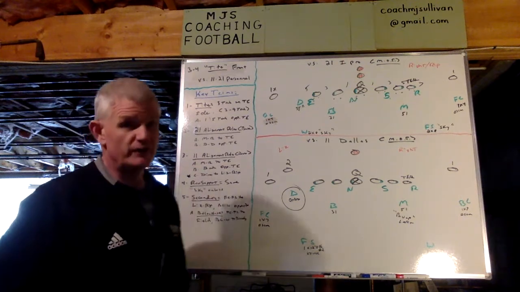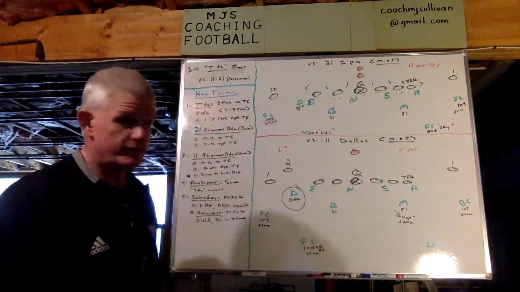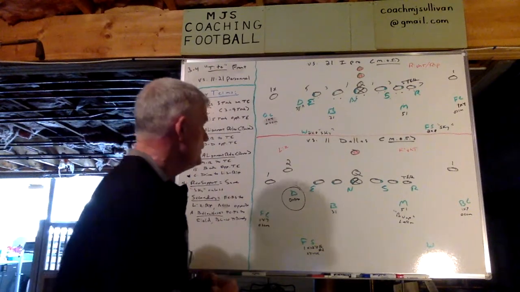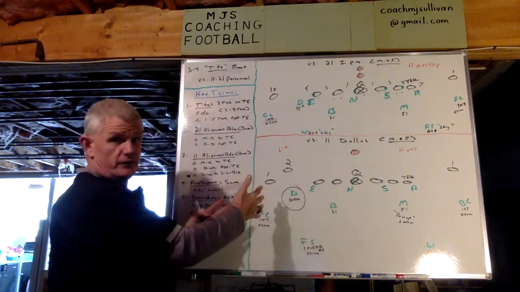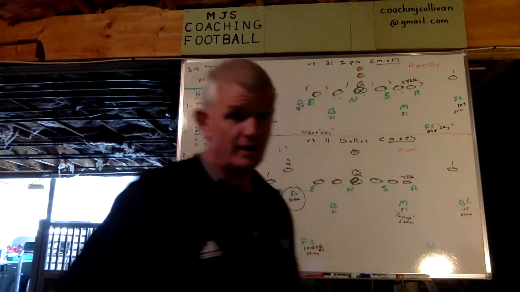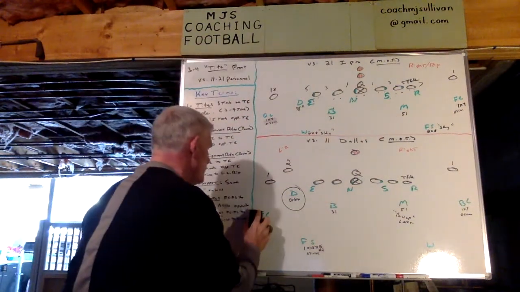11 personnel, dime to the lizard rip. The only difference between 21 and 11, but it's significant, right? So here it's a Liz. I don't mind doing this because it's not hard for me to do.